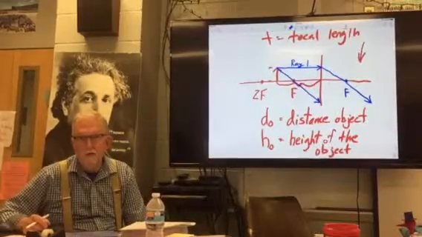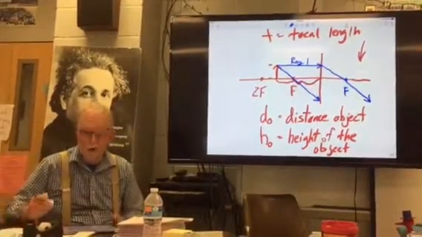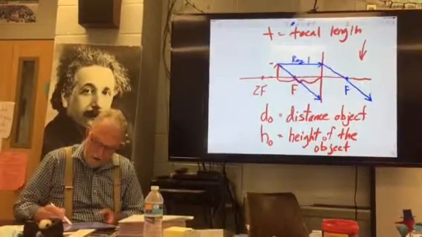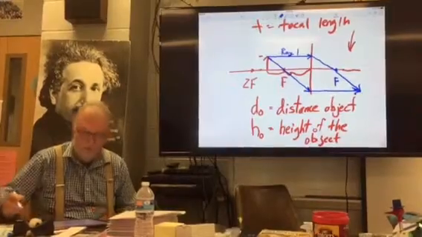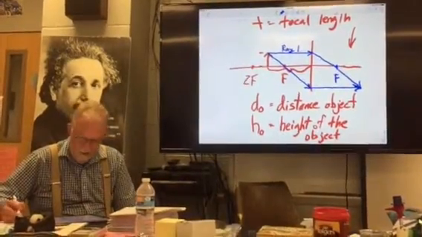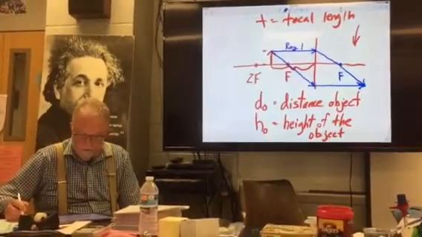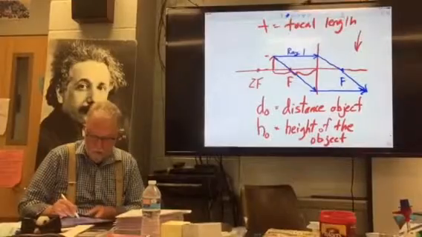Where is it going to bend? Just the opposite of the other one. Parallel to the principal axis on the other side. To infinity. Okay? And that's ray 2.